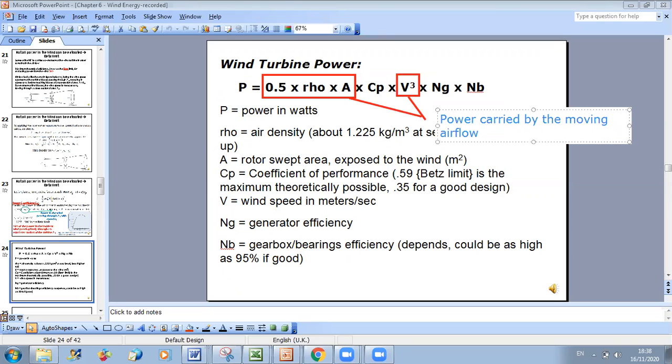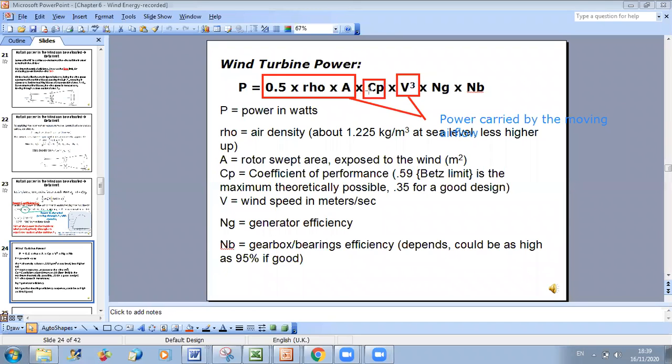Now, as we said, we cannot take the whole power, we can take a maximum percentage of 59. This is why we should multiply first by the coefficient of performance, which should be lower than the Betz limit. So maximum it's 0.59. But in reality, as we said, it's between 30 and 40%. So let's say 35% will be fine.